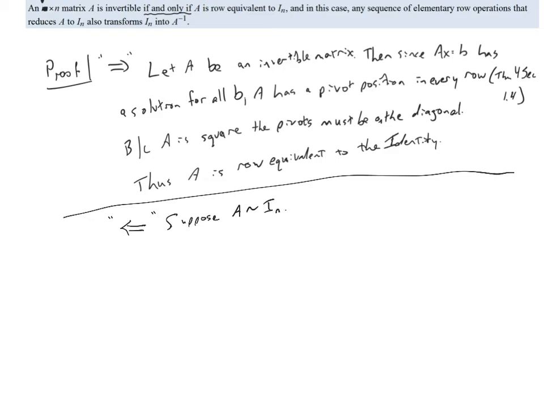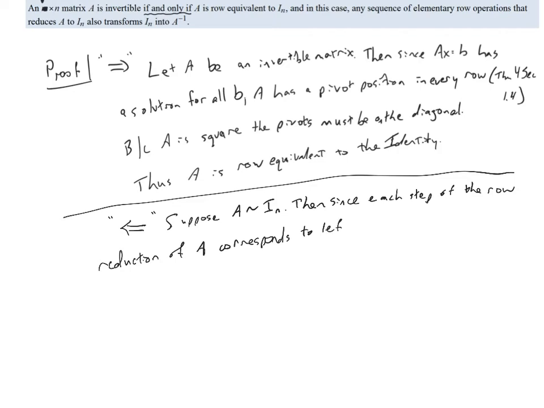Okay, then what we say next, since each step of the row reduction of A corresponds to left multiplication by some elementary matrix.